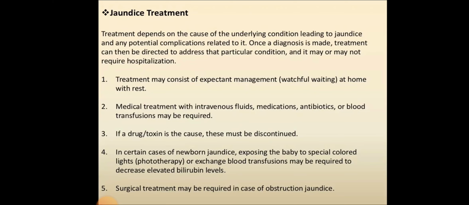If it is due to hyperbilirubinemia, then the next step is to find out whether it is prehepatic or hemolytic jaundice, hepatic or hepatocellular jaundice, or cholestatic or obstructive jaundice.